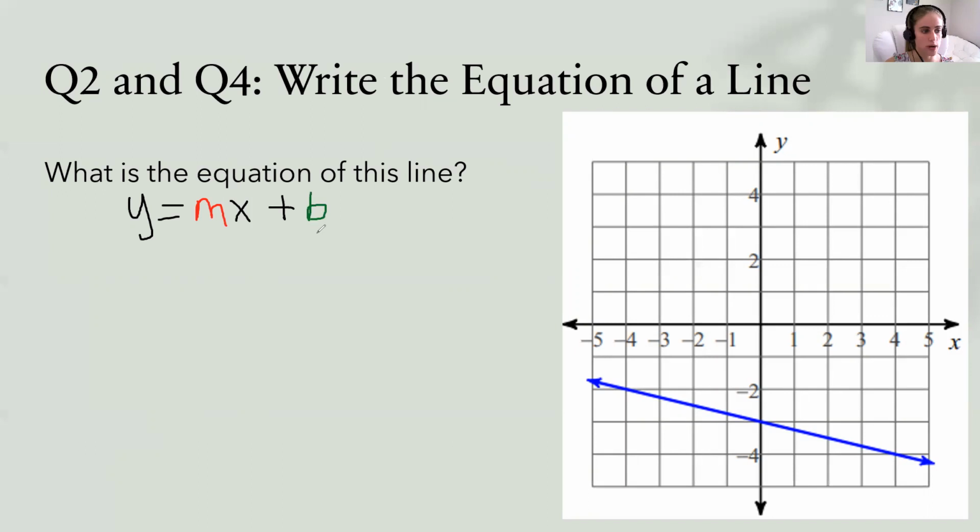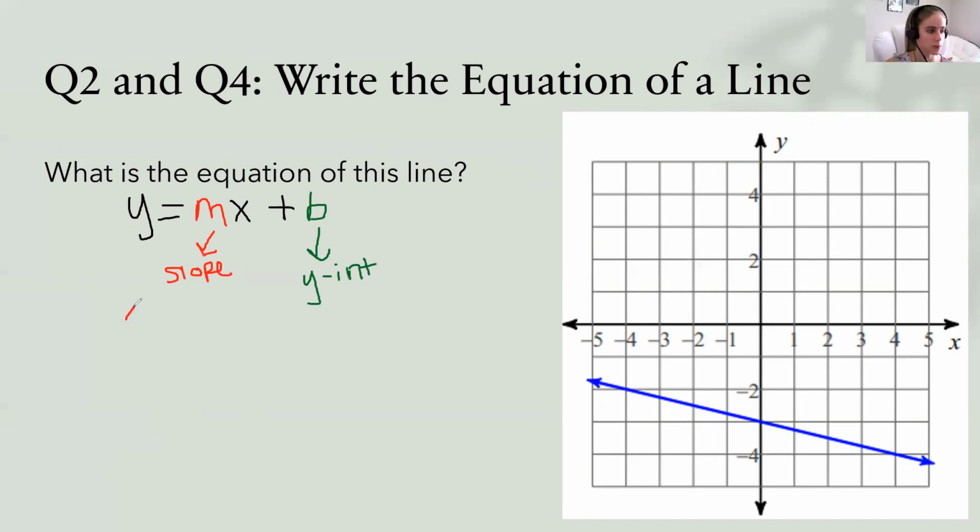And in that equation, your b is representing the beginning of the graph, your y-intercept, and your m is your movement. So that is your slope.